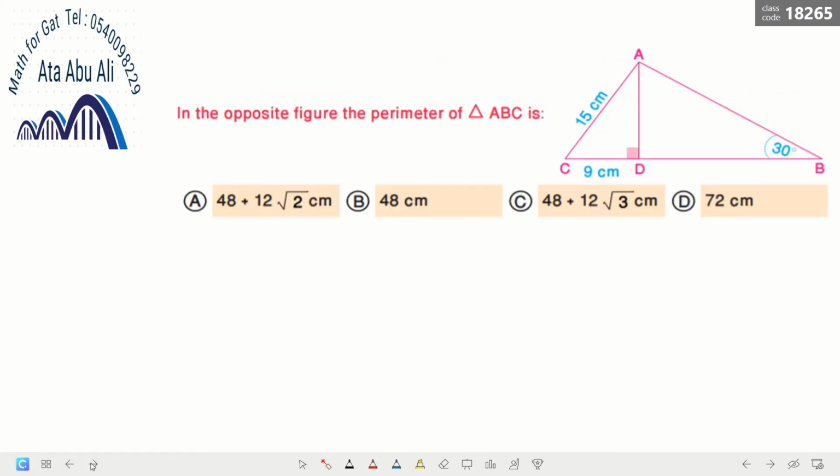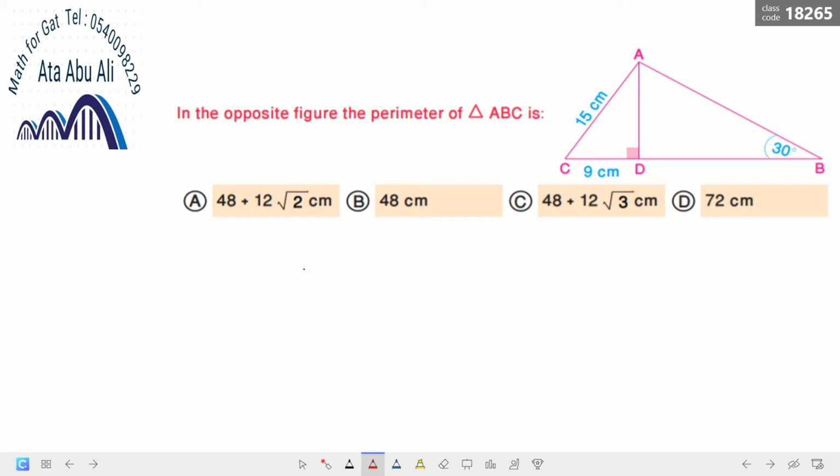In this one, we need a very good focus, because we have to use the Pythagorean theorem and another formula of the 30-60 triangle. As you see, this is a right triangle, the hypotenuse is 15 and one of the legs is 9, so we have to find AD to get AB and DB.